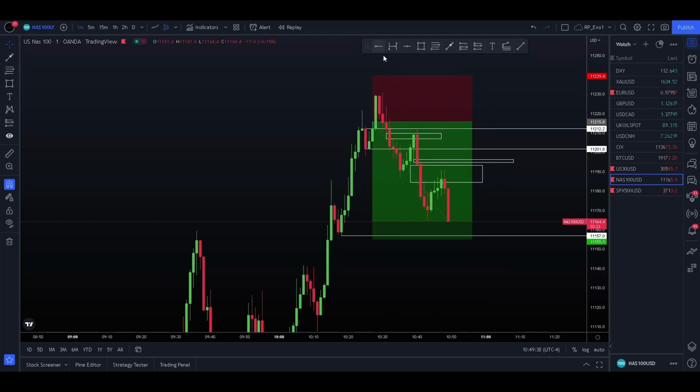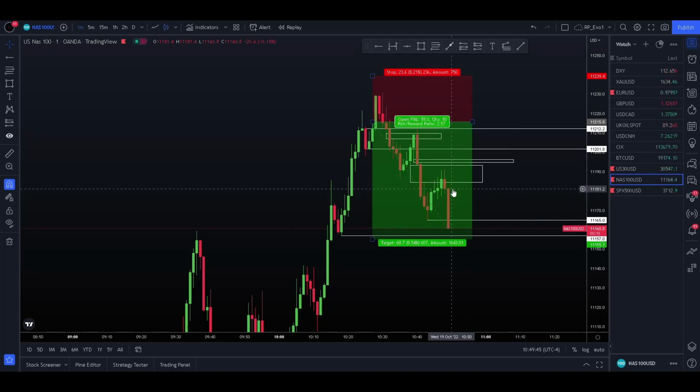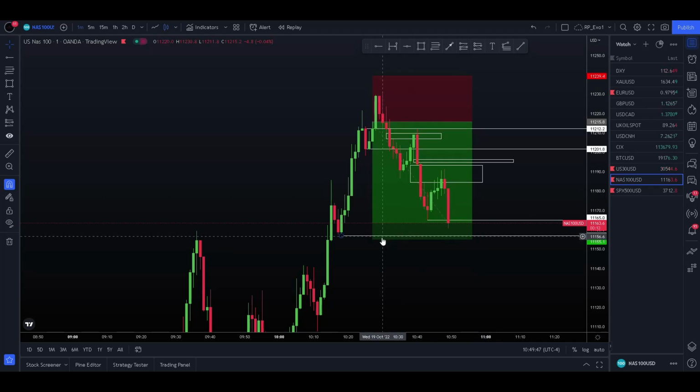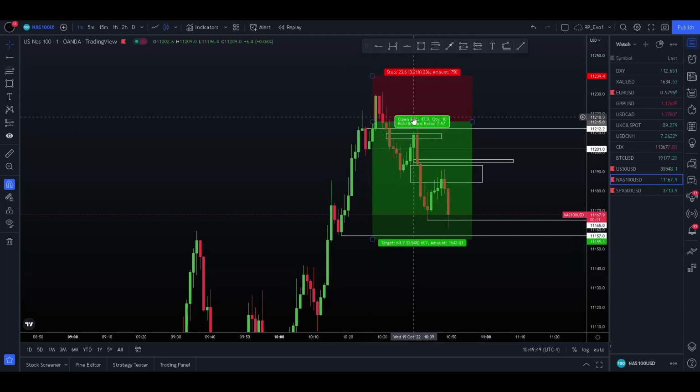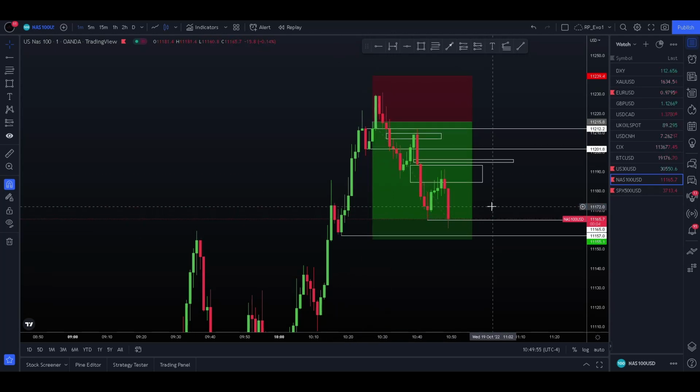Okay, good. We broke this swing low. I saw this was a 3R trade. Did I move something here? I don't remember. I saw this was a 3R to this level. It shows me 2.5. Well, regardless, you can see the execution.